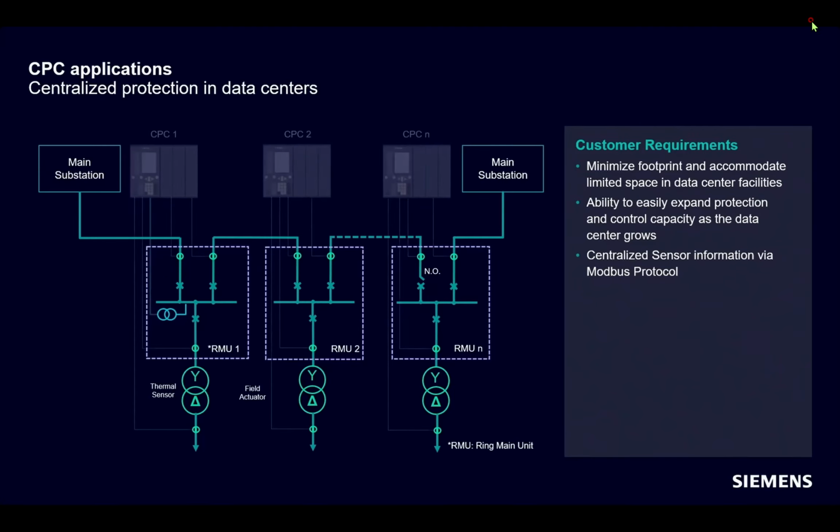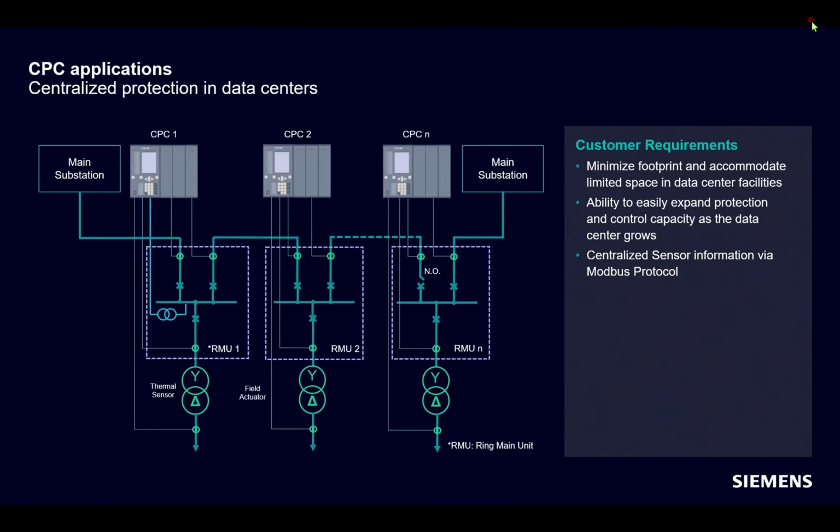Our solution, yes, a centralized protection device, capable of controlling and protecting each RMU configuration, including powerful schemes for breaker failure and automatic sequence schemes to control breakers or disconnectors.